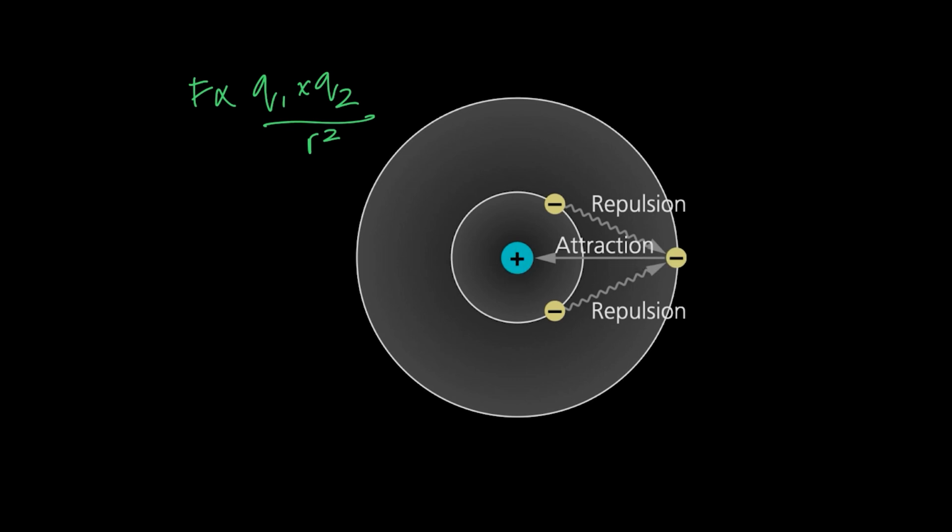So Q1, Q2 for this force of attraction is the charge of this and the charge of this, meaning 10 plus times 1 minus. But for repulsion, for now, it will be the charge of this and the charge of this. So repulsion will be weaker and the attraction will be greater in Coulomb's law. Now, if you're still stuck on the formula, remember, it is not to be used mathematically for chemistry.